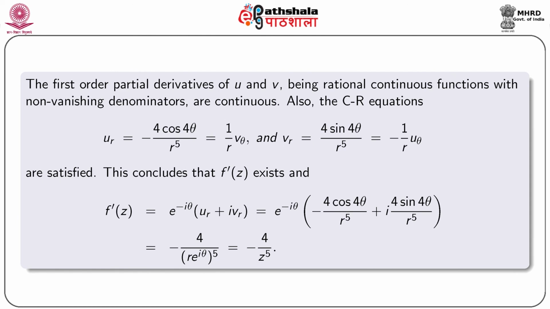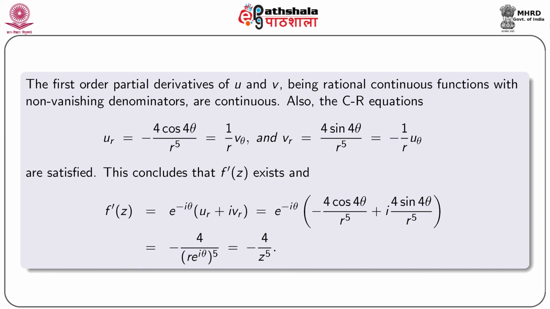The first order partial derivatives of u and v, being rational continuous functions with non-vanishing denominators, are continuous. Also, the Cauchy-Riemann equations u_r = (1/r) ∂v/∂θ and ∂v/∂r = -(1/r) ∂u/∂θ are satisfied.